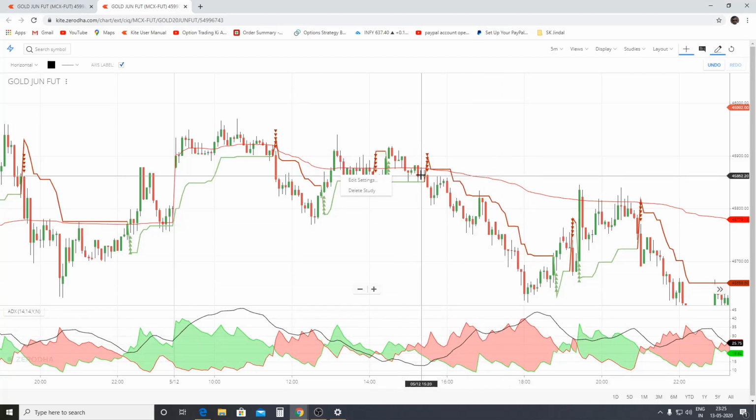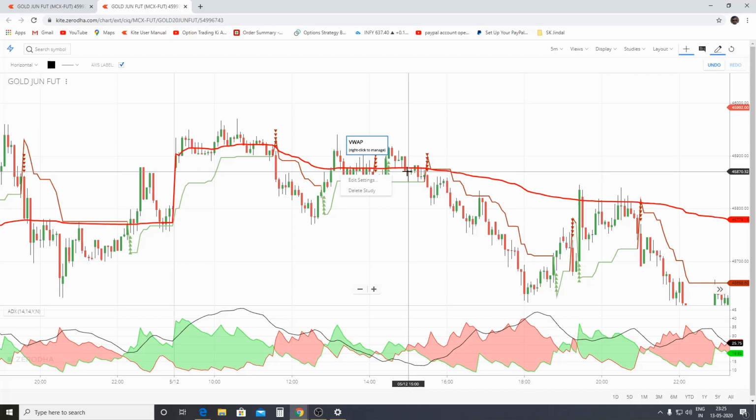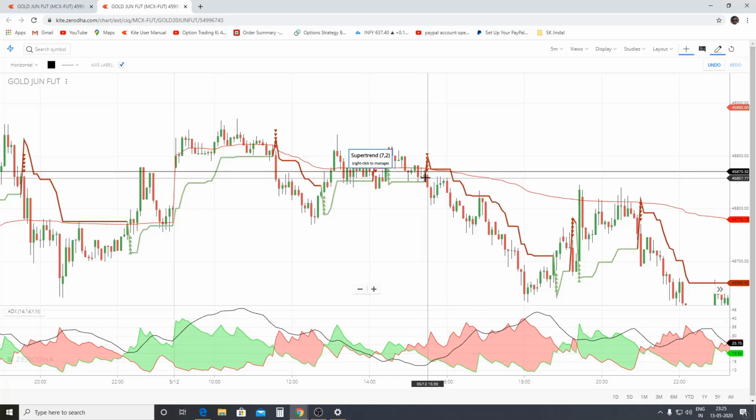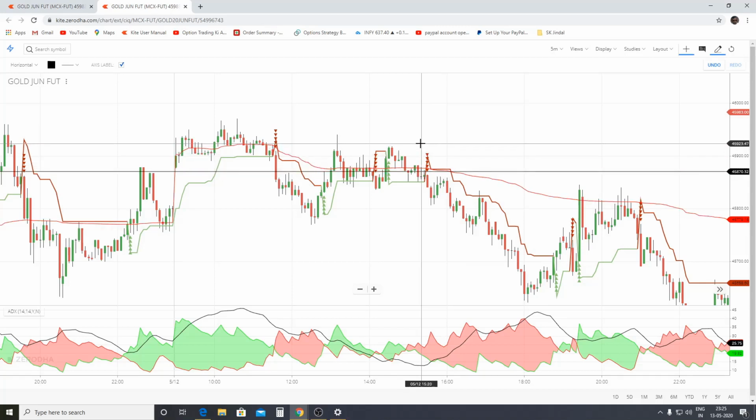Like for example, in this case, a red candle gave a solid closing below VWAP, and this red candle broke its low. So potentially a trade was generated. This was the signal bar, and a trade was generated on this candle at 3:20, and I would have taken a short position over here with my stop loss being, let's say, above this candle, and stop loss being around 60 points.